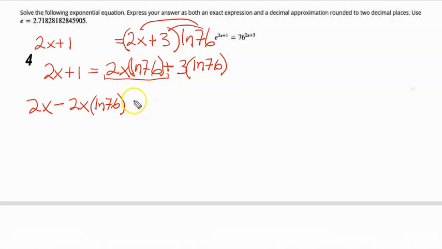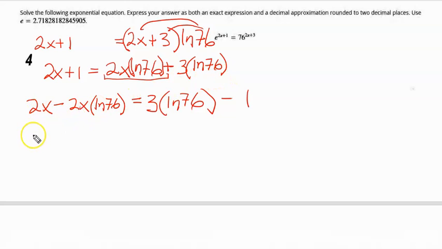And then that is going to equal 3 natural log of 76. I'm going to take this positive 1 now and move it over to this side as a negative 1. Okay. You want to be sure where everything came from, where everything is going to.